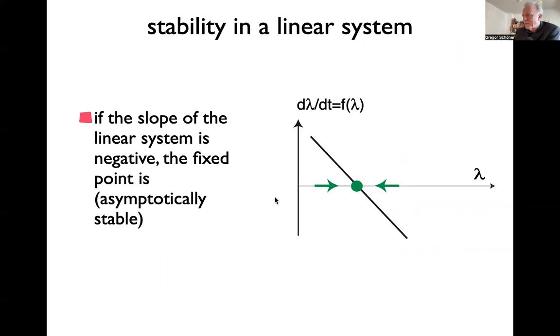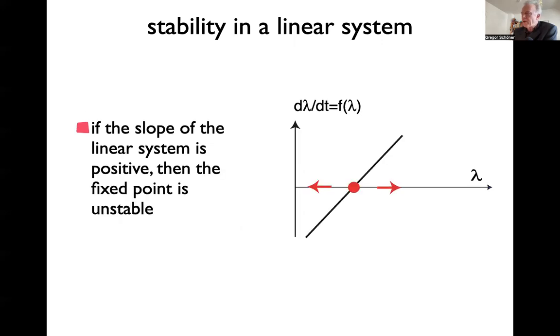It's kind of hard to change these plots so quickly. So I have a couple of plots where it's lambda rather than x. Yeah, so negative slope makes it asymptotically stable. Positive slope makes it unstable, right? Positive slope, you go a little bit to the right, you increase, growth, or a little bit to the left, you decrease, so you move away from the fixed point.